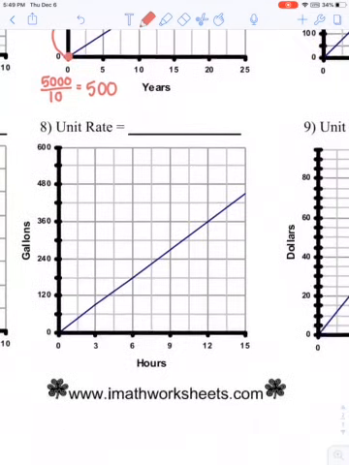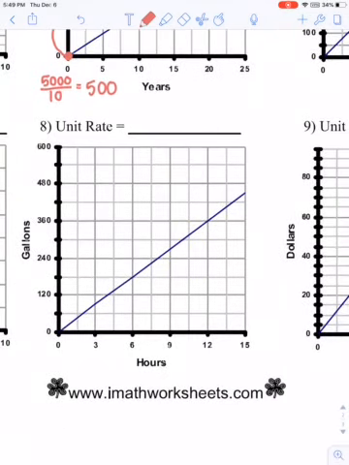Then I'm going to look at number 8. For number 8, we have gallons per hour as the label for our unit rate. My first point's the origin. It crosses evenly again right here, and I need to pay attention and look at these intervals. So the 120 marks are marked, but we know that each tick mark increases by 60.